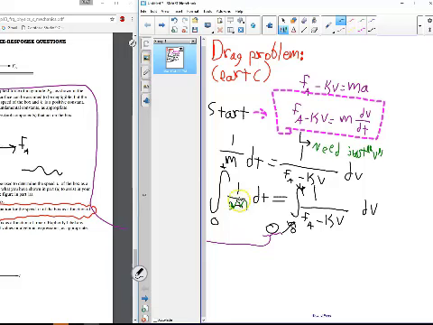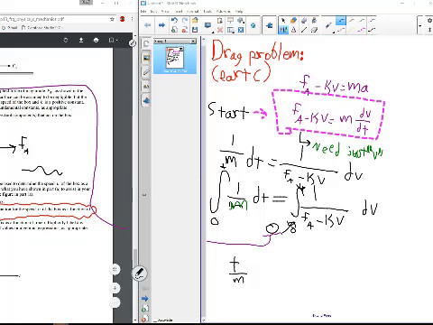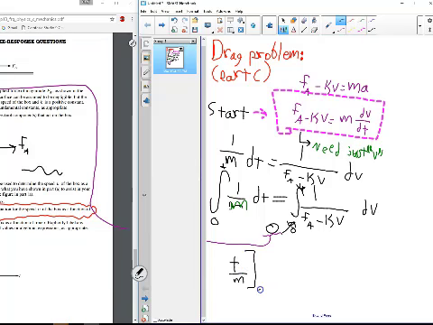The mass is always the same. And we don't see any variable t here. So this really is just going to be t over m, right? Because when you integrate a constant, like a horizontal line, you get a line like that. So you're going to get t over m from 0 to t.